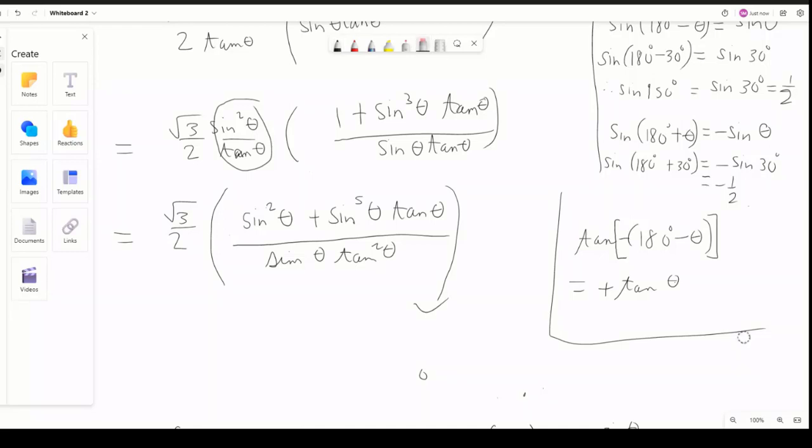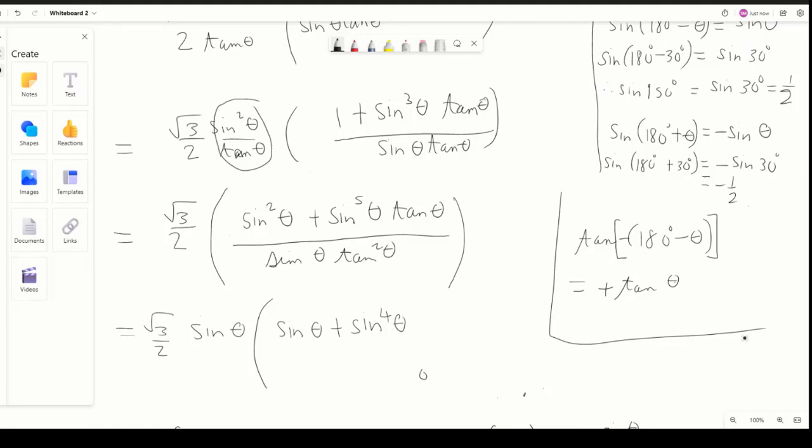Just use this eraser here. Take sine out. Inside there, sine is a common factor. Sine theta, I can take it out, and I'm left with sine theta plus sine to the 4, tan theta.